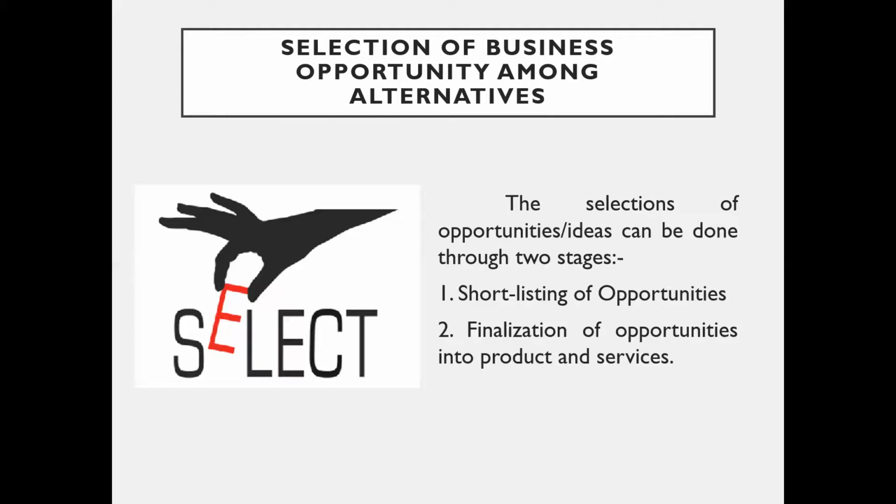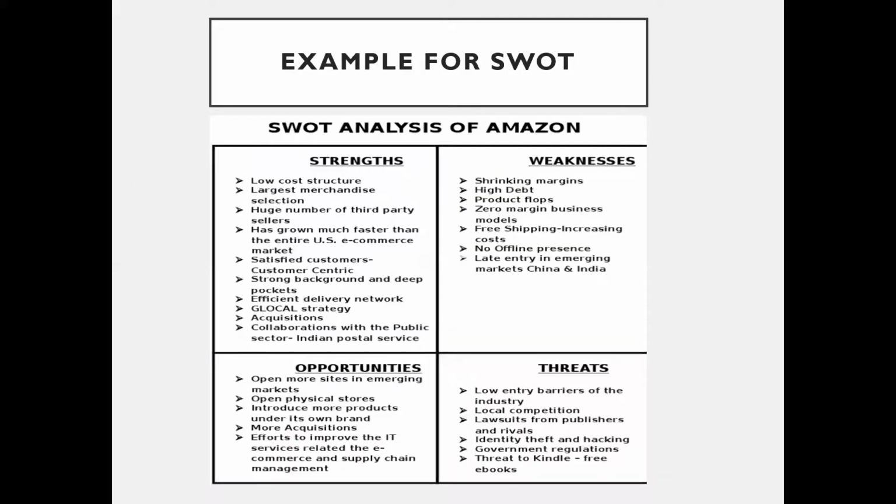Here is an example of a SWOT analysis of the Amazon business, which can help us know what considerations come under each heading. By understanding this, you should be able to prepare a SWOT for the available opportunities and select the best business opportunity.